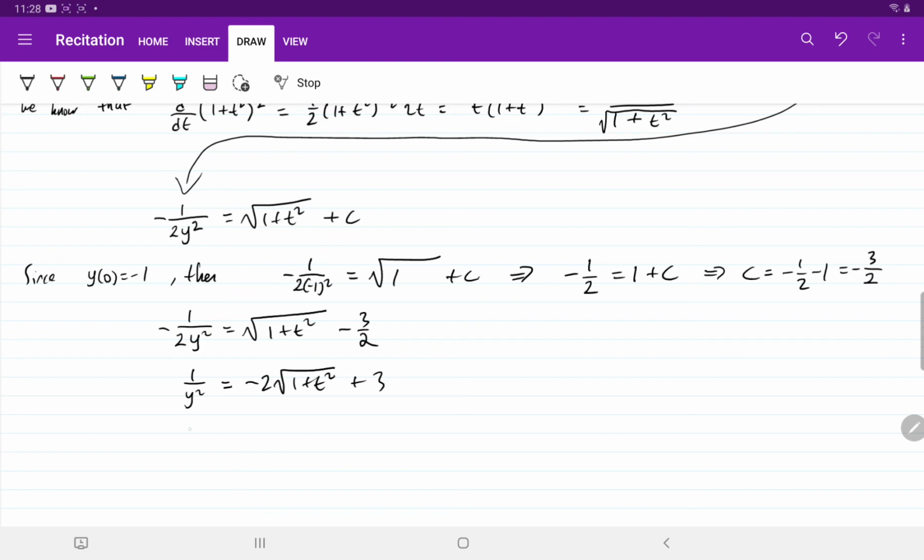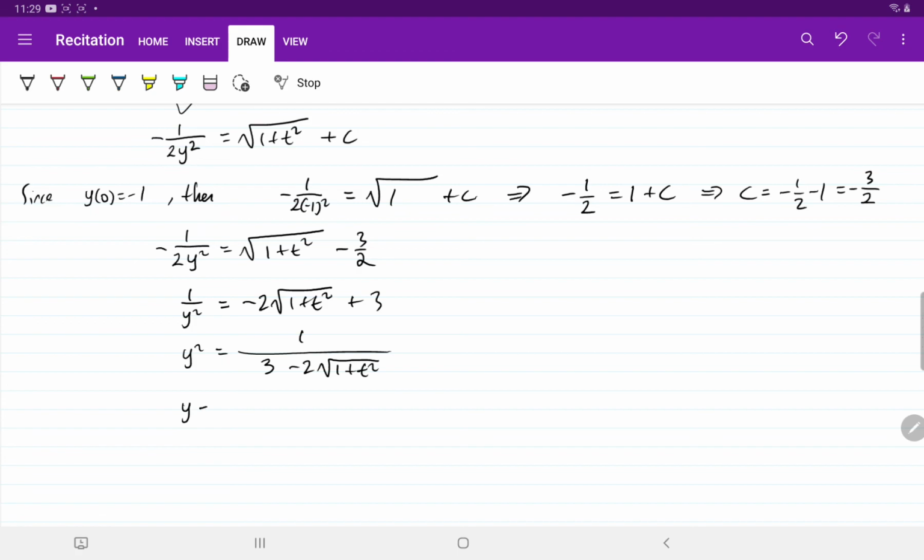Okay, so y squared is 1 over 3 minus 2 square root 1 plus t squared. So y is 1 over the square root of this term.